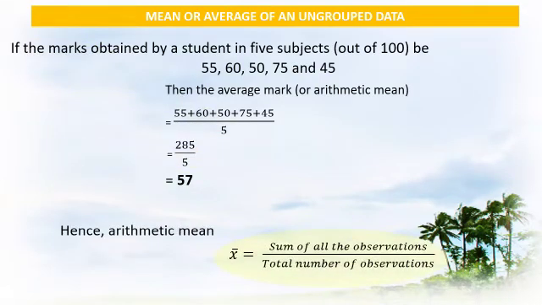Hence, arithmetic mean, x bar, is equal to the sum of all the observations upon the total number of observations.